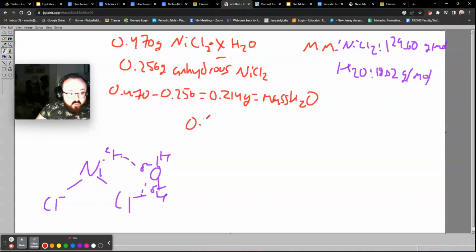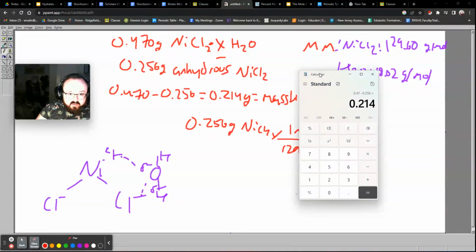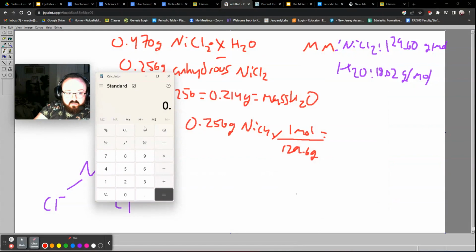So, 0.256 grams of NiCl2, convert it to moles. 129.6. There's our G for glued. And we're going to get some small numbers here, so you've got to bear with it. 0.256 divided by 129.6.